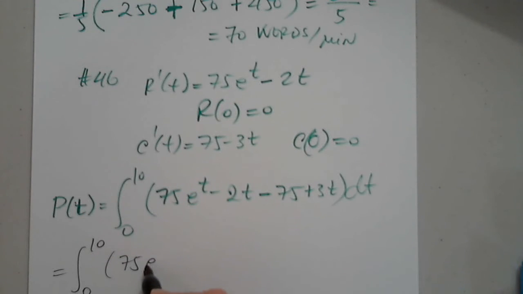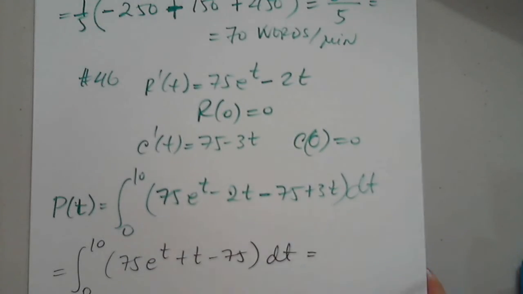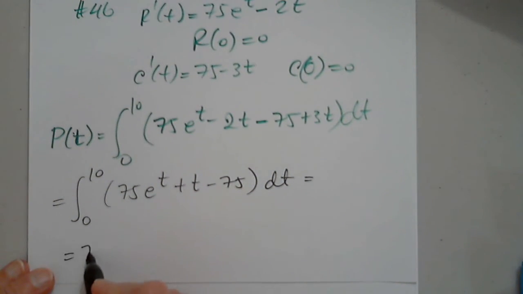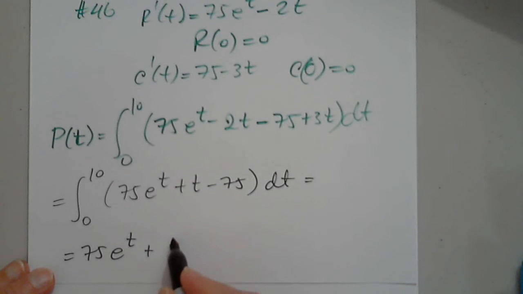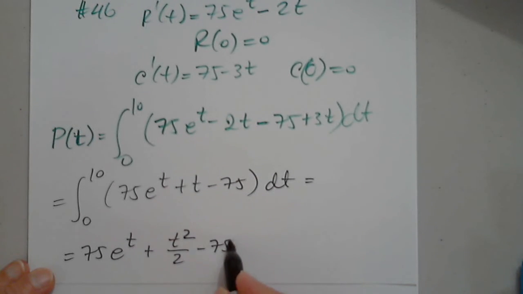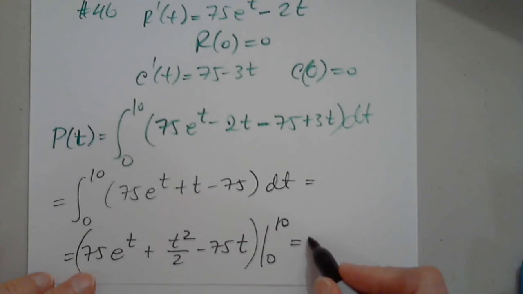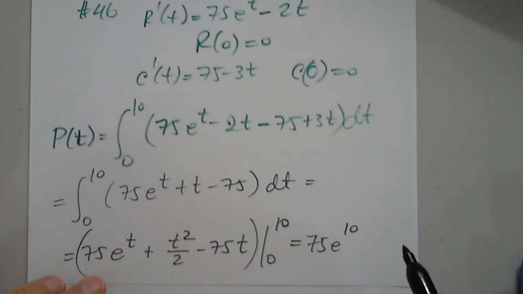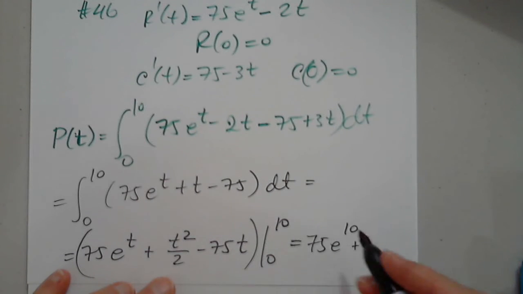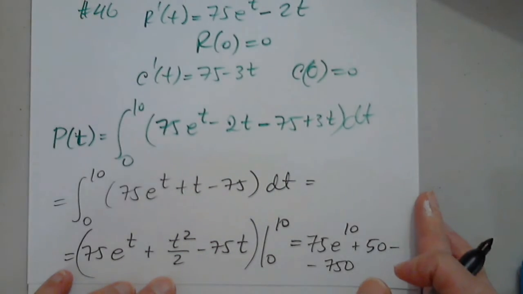So the integral from 0 to 10. So 75 e to t, and this is plus t minus 75 dt. So we have 75 e to t plus t squared over 2 minus 75t, and everything from 0 to 10. So luckily I only need to plug in 10. So 75 e to 10 plus 100 over 2, which is 50, and minus 750.